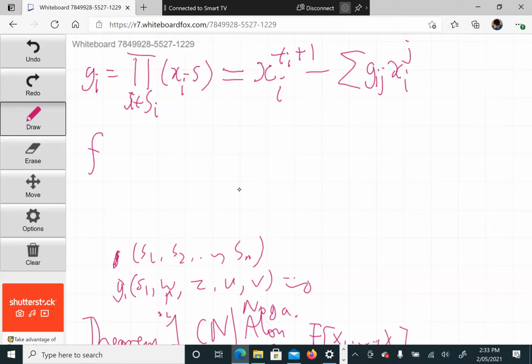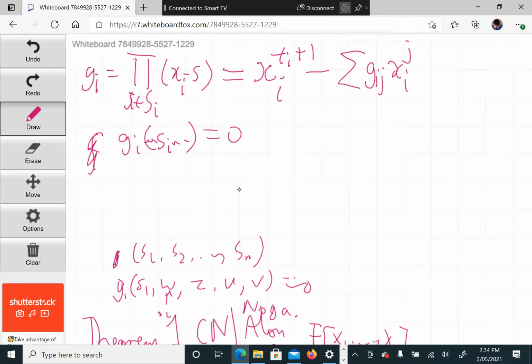Imagine you take g_i and you sub in something in S_i. It's equal to 0.